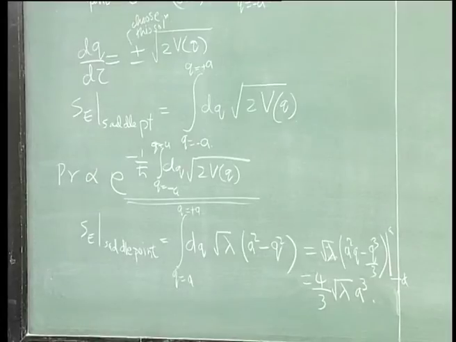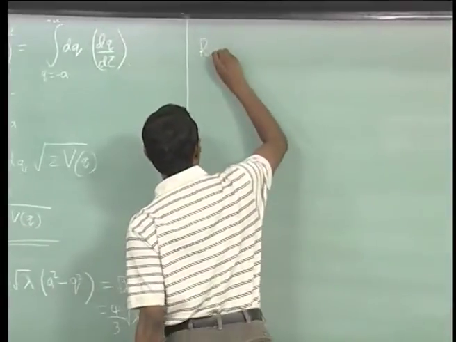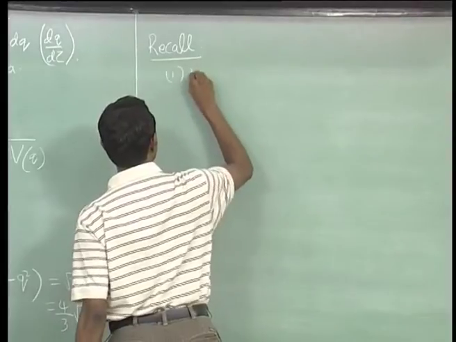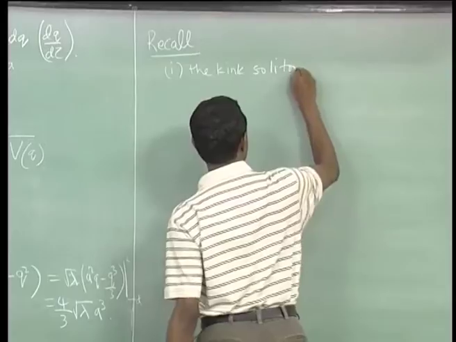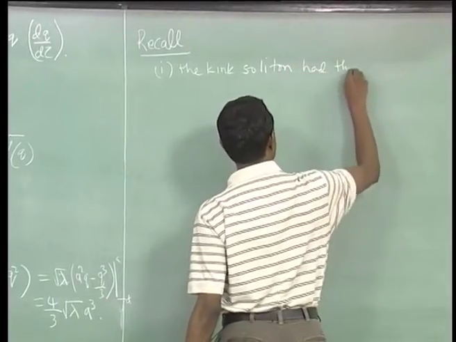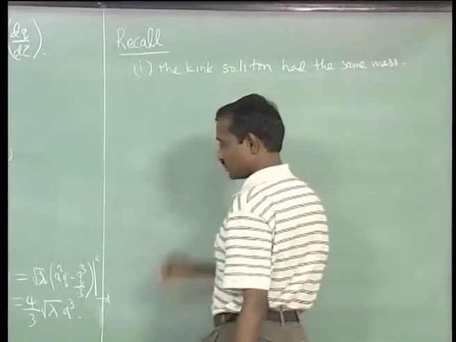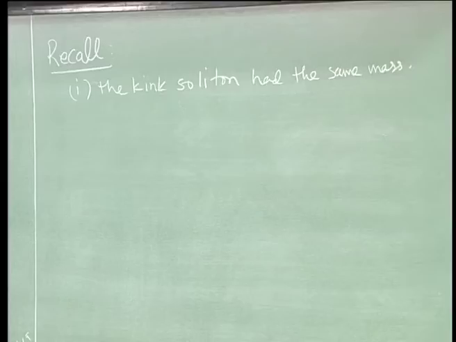If you remember, the kink soliton had the same mass. So, recall several things. First, the kink soliton, okay, because there in the kink soliton, sorry, this was not Hamiltonian density, it was energy.